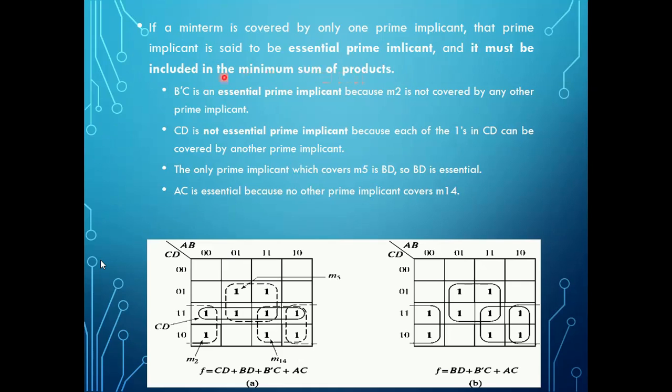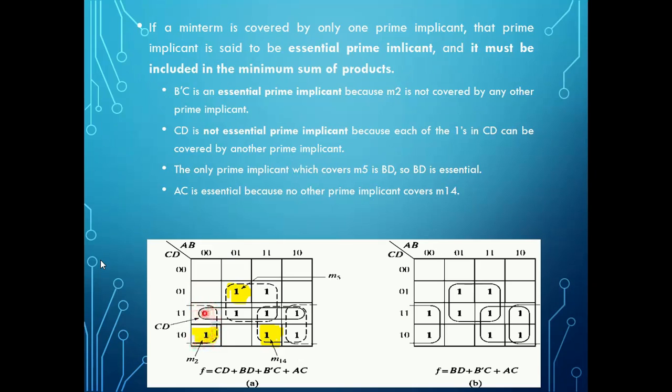If you have seen that particular problem, you found there were certain prime implicants, which are the things you have to include. If a mean term, so this is a mean term, M2 is covered by only one prime implicant.